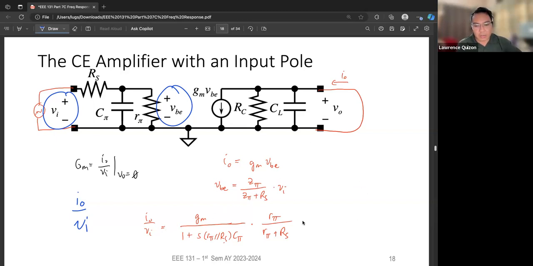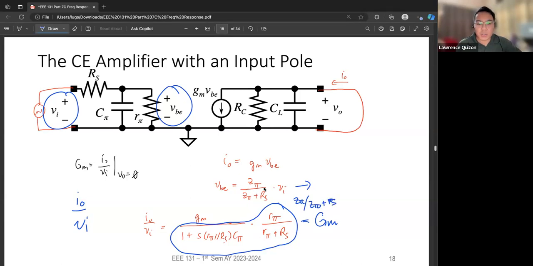So, it turns out that if you do that math, we know what VBE is. It's Z pi over Z pi plus RS. And we can expand that to get what we had earlier. What we had earlier is this. So this is Z pi over Z pi plus RS. So this is our new GM.